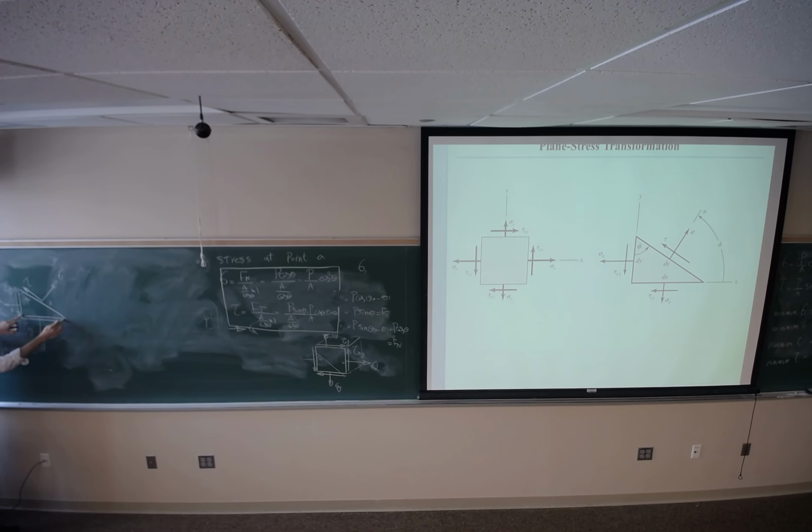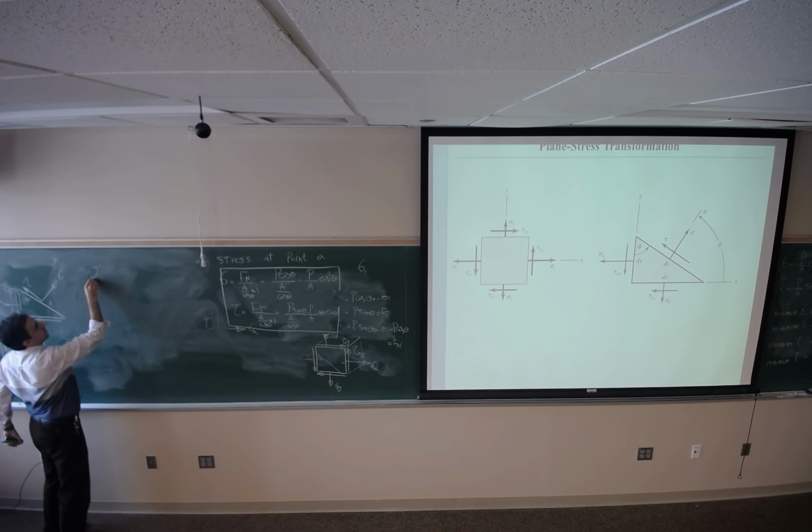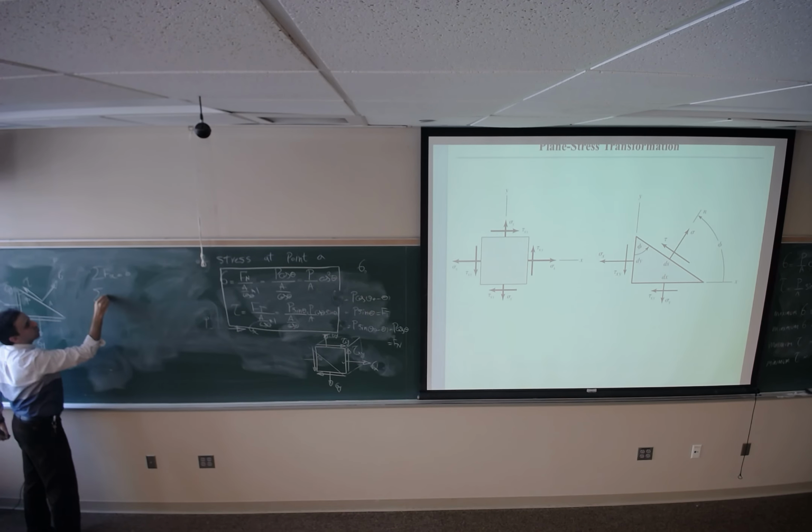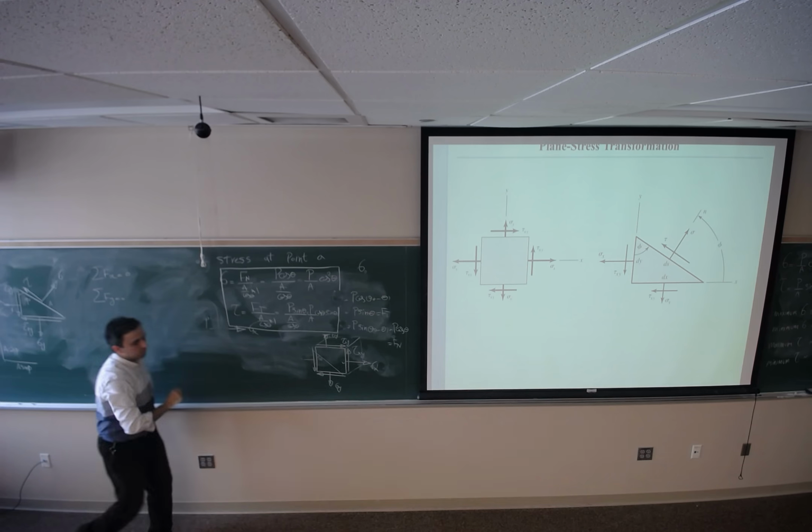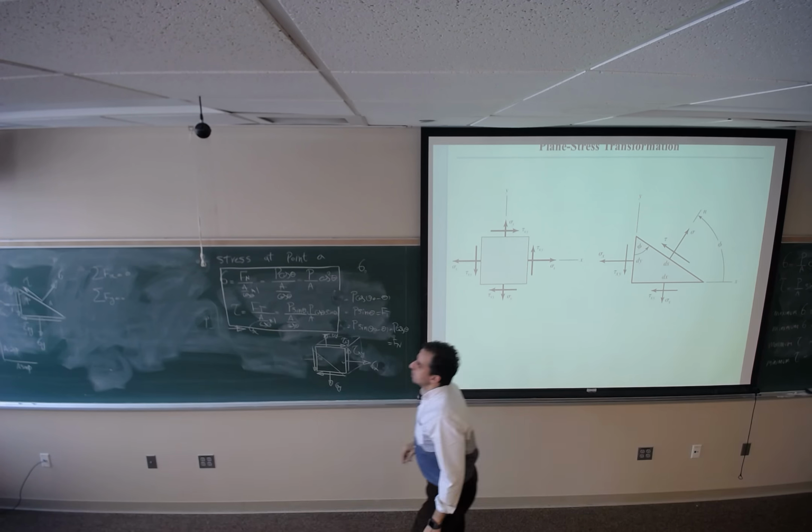And this length is going to be A sine of phi. Now, what I'm going to do, I should set like the previous case. The summation of the force in x direction should be equal to 0. Summation of the force in y direction should be 0 as well.